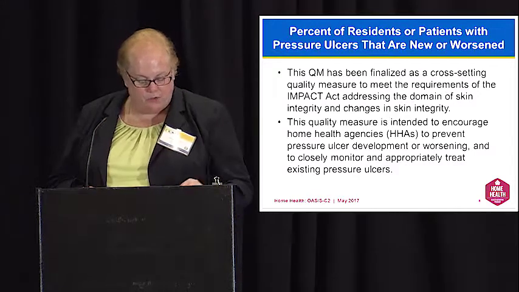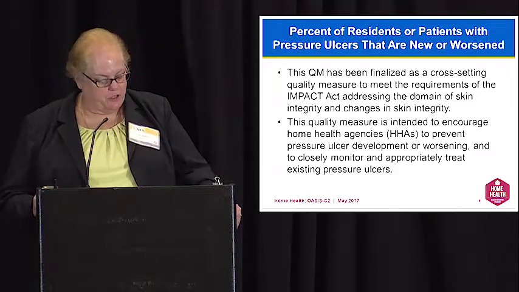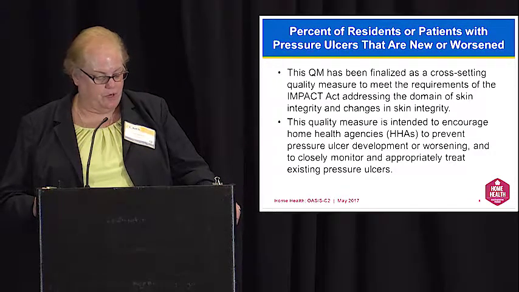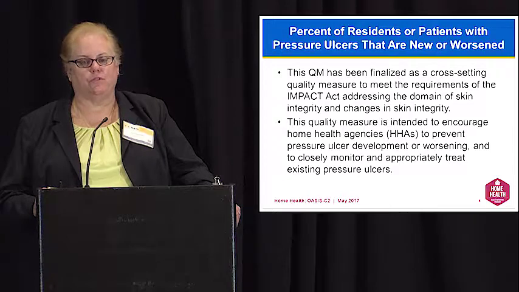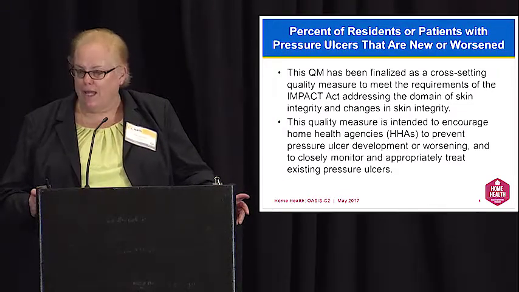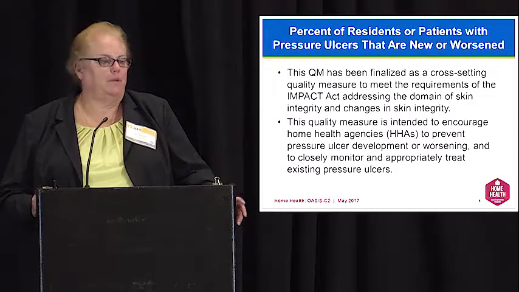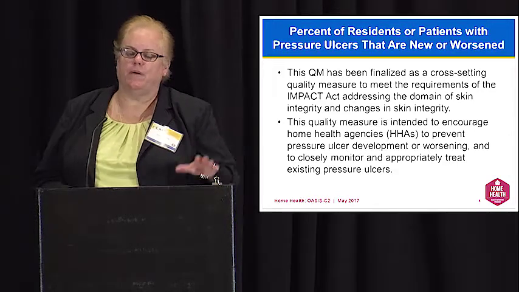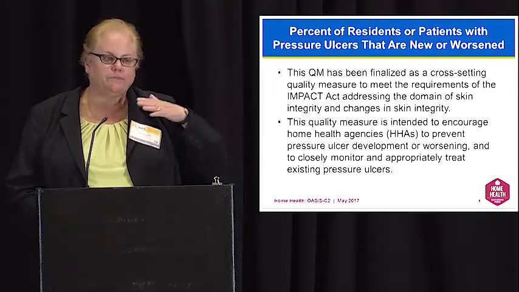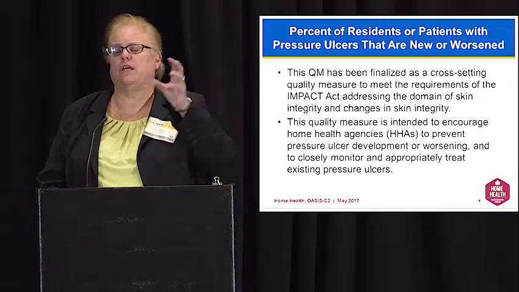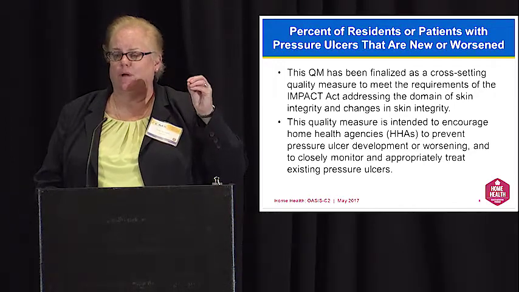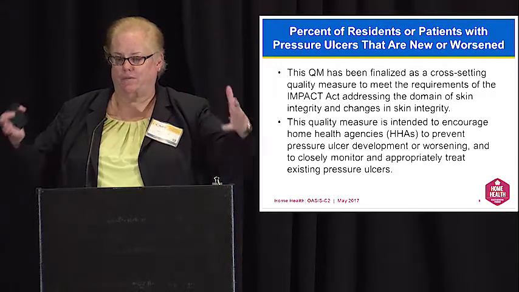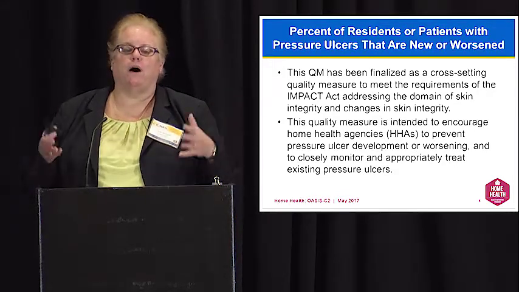And so the quality measure is intended to encourage home health agencies to prevent pressure ulcer development or worsening and to closely monitor and appropriately treat existing pressure ulcers. I hope that you were doing that anyway. I would trust that you're all doing that, but this is the first time where we might be able to start to understand, using similar measures in the various settings, about pressure ulcers when they present in a care time frame.